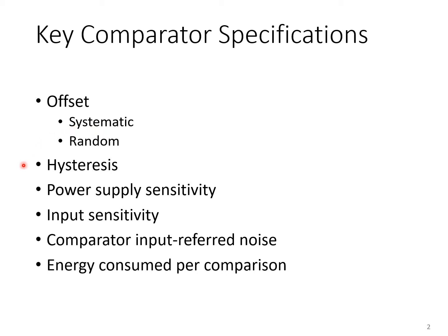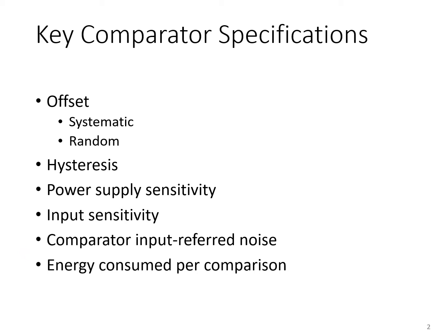Another key specification of comparators that we'll look at is hysteresis, and then it's power supply sensitivity. The sensitivity of a comparator to the input is a key specification when it's being used to resolve very small input voltages, as well as its input referred noise, another key specification when using a comparator to resolve very small differential inputs.